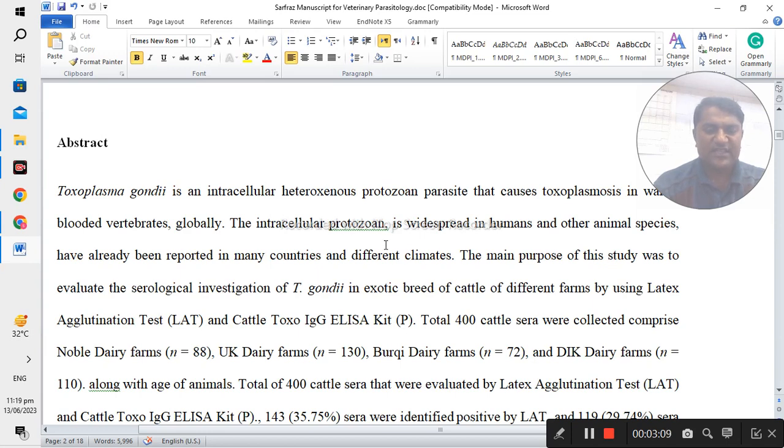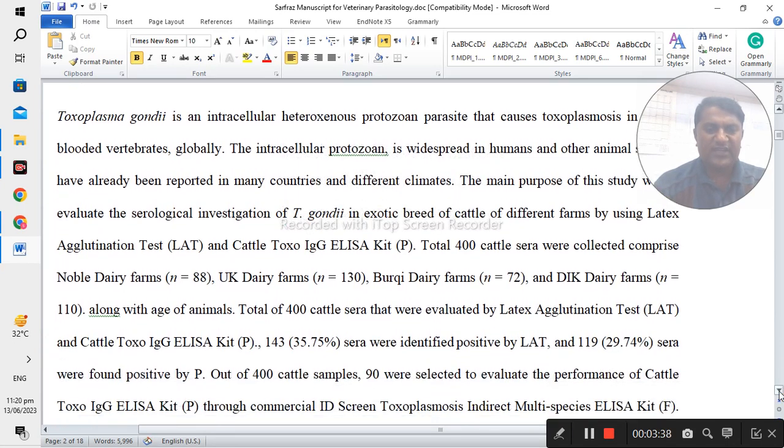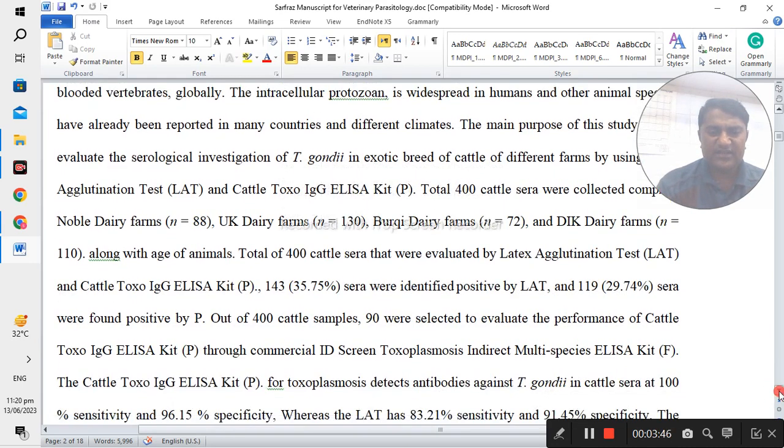In any research paper it is usually 250 to 300 words, or maybe 200 to 250, depending upon the journal's format, and some journals demand 150 to 200. So this is the short summary of that article.